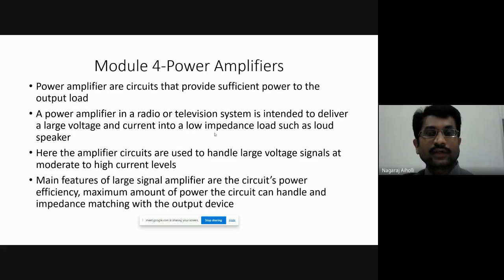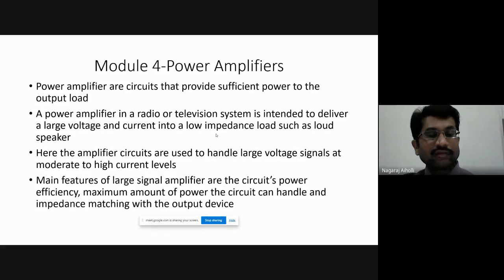There is a theorem on that called the maximum power transfer theorem, which states that the maximum power will be transferred to the load whenever the output impedance of the circuit matches with the input impedance of the next circuit. So when the output impedance of the power amplifier matches with the input impedance of the load, the maximum power will be transferred to the load.